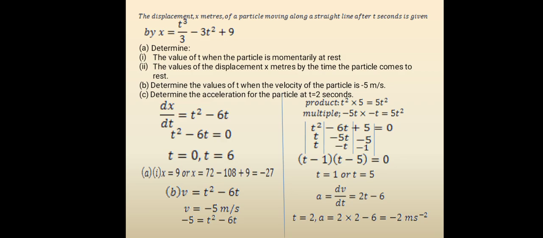The value of the displacement x meters by the time the particle comes to rest. B. Determine the values of t when the velocity of the particle is negative 5 meters per second. C. Determine the acceleration of the particle at t equals 2 seconds.